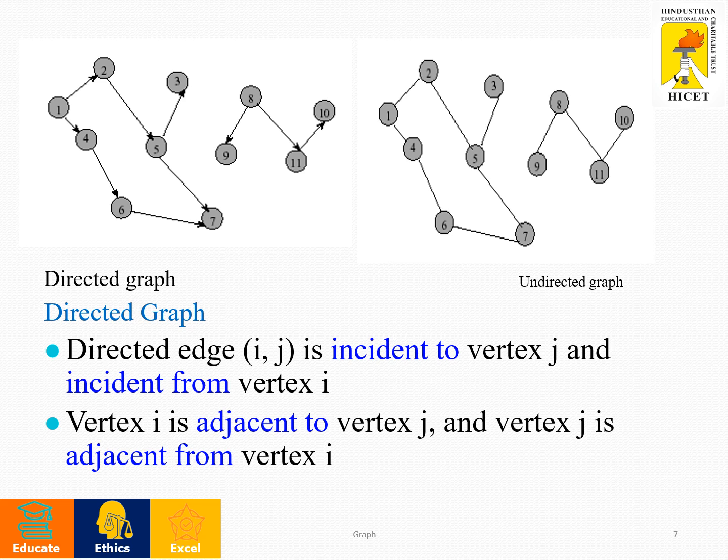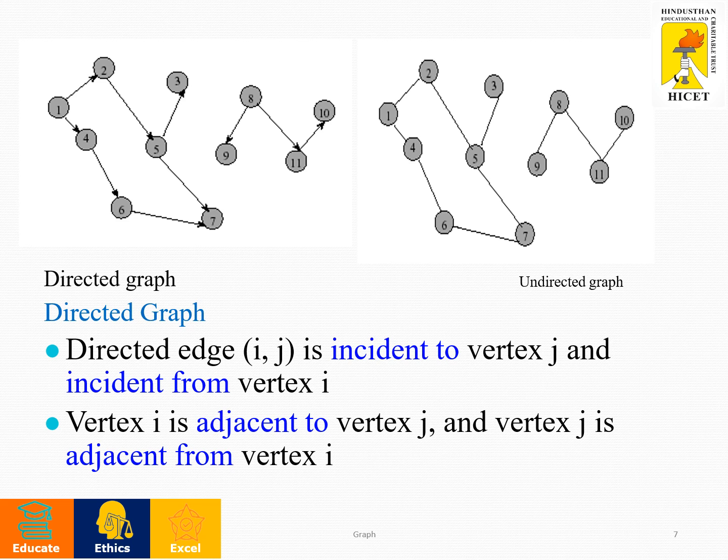You can see here 1, 2, 3, 4, 5, 6, 7. These are the vertices. So vertices represented by using the circle. Inside the circle you can write any alphabet or a number that is defined as a vertices or vertex.